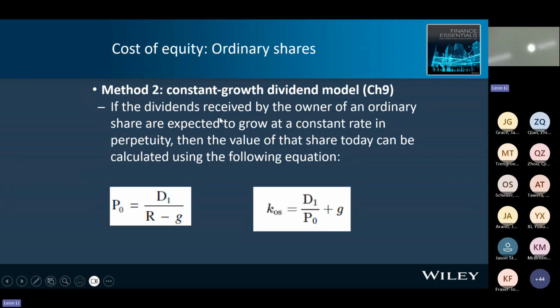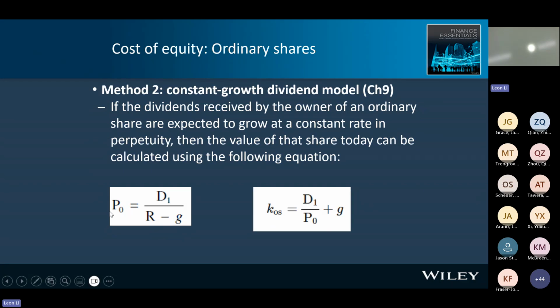If dividends received by the owner of an ordinary share are expected to grow at a constant rate in perpetuity, then the value of the share today can be calculated using the following equation. So I hope you remember our DGM model. Share price today, P0, is D1 over (R minus g). Right? R is the return of the share.